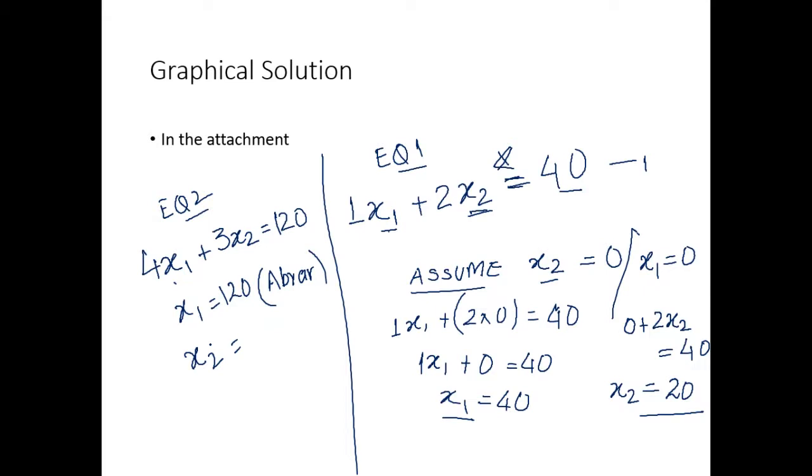Let me see what is the value you are getting for x1 and x2 for equation number 2. You know what you have to do? You have to first assume x1 as 0, and then you have to assume x2 as 0, and then you will get both the values. So try to do it yourself.